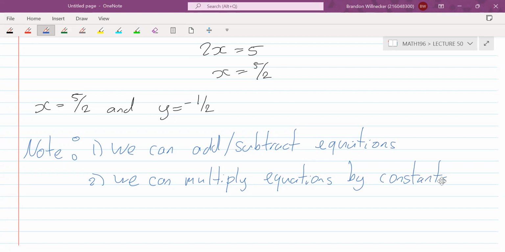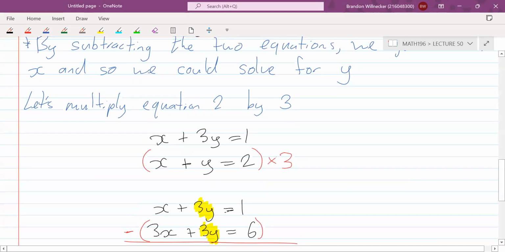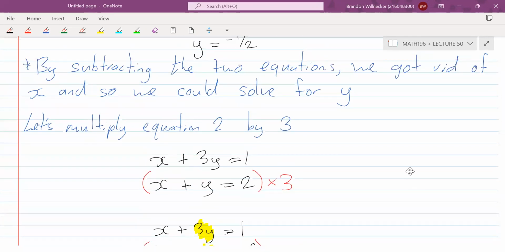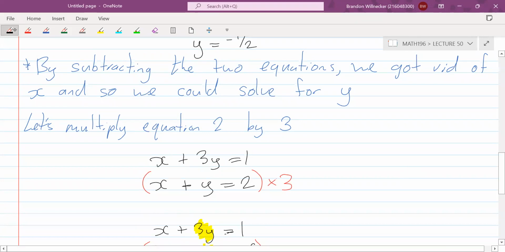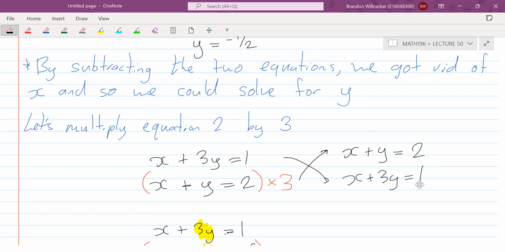Okay, so one more thing we can add to this list. I hope you agree with me that if we swap these two equations, nothing's going to change. So we've got equation 1 and equation 2. If we swap the labels, in other words, we put this one first and then this one second, so we get x plus y is equal to 2 and x plus 3y is equal to 1, we haven't changed anything, right?